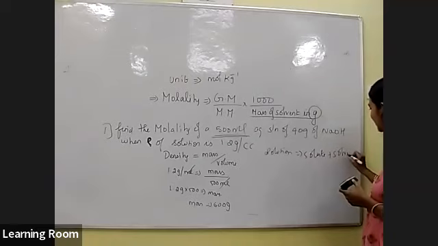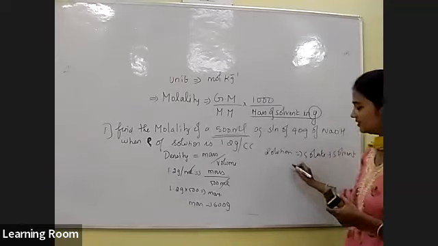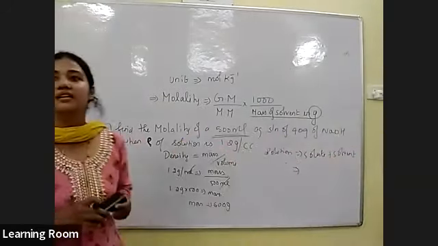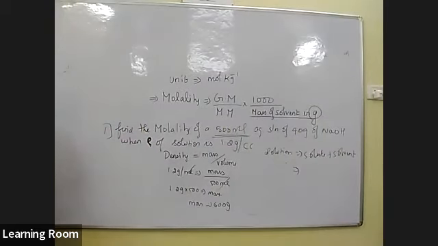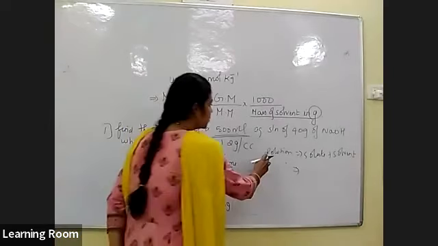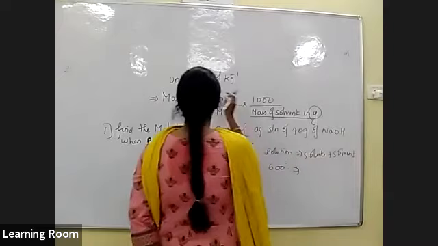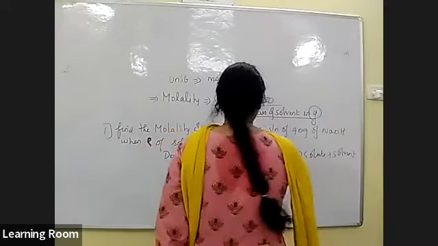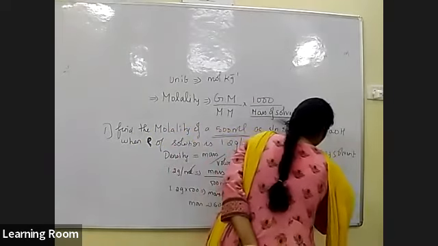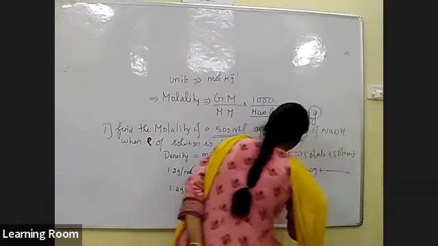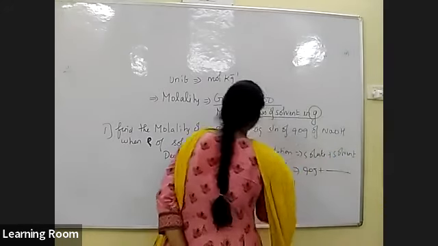So what did you do here? Exactly, your solution is 600, and your solute is actually here. You can see in the question it is 40. So that gives you your solvent. So 560 grams. So substitute here.